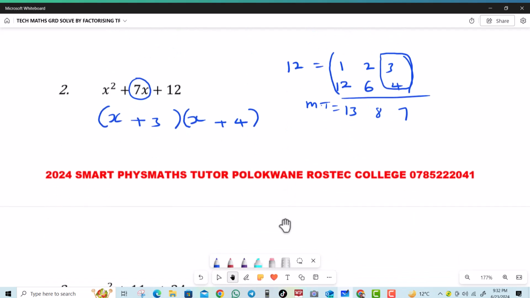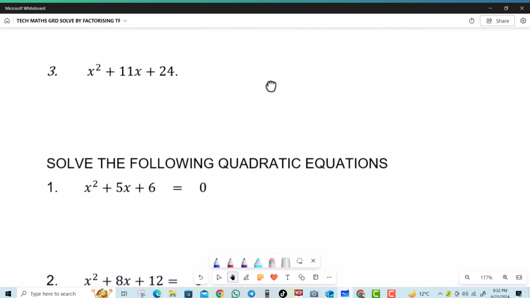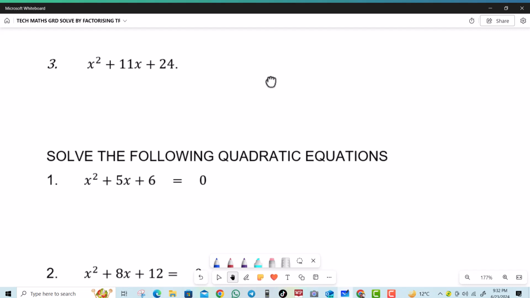Another one more example. It says factorize x squared plus 11x plus 24. So in this case, again, because of the x squared here, we're going to have two brackets, beginning with x. Then look at the constant, which is 24.